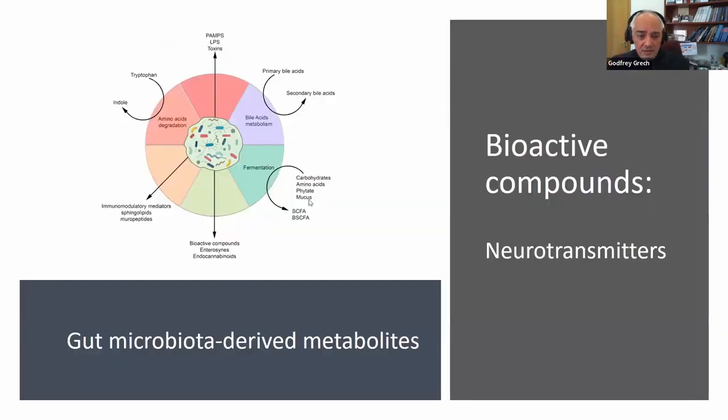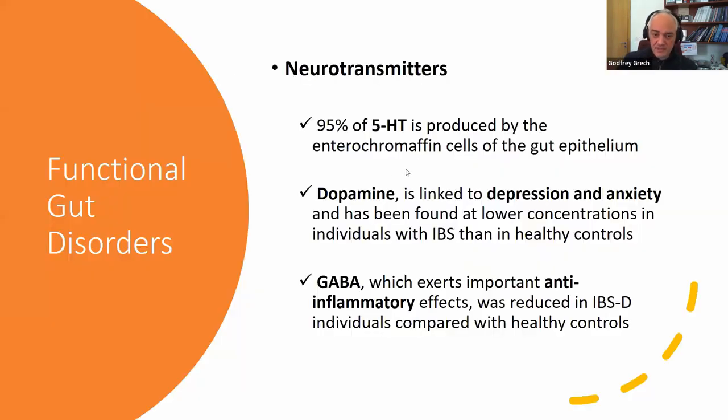Now, in addition to these health-promoting metabolites, there are also other bioactive compounds which are produced by the bacteria in our gut. One of them is neurotransmitters. 95% of 5-HT, which is the serotonin, which we call the happy hormone, is produced by the gut epithelium, so the gut lining, specific cells, of course.